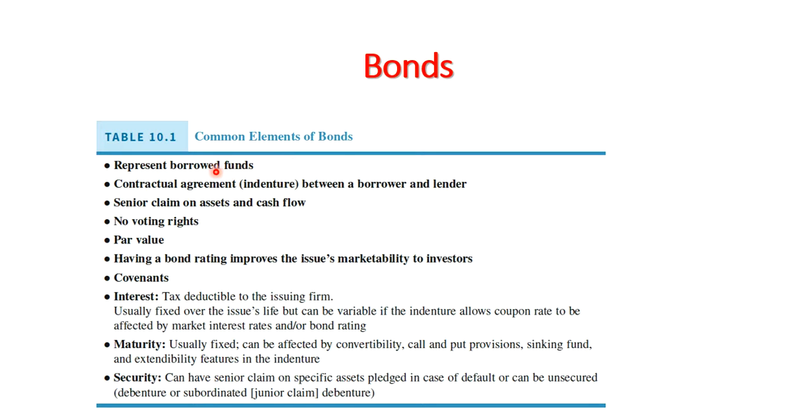So how do you prove that you lent that guy money? You have to have an official document in your hand. It is a contractual agreement, the indenture, between the borrower and the lender.